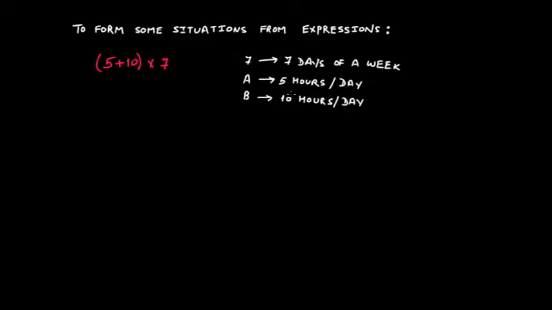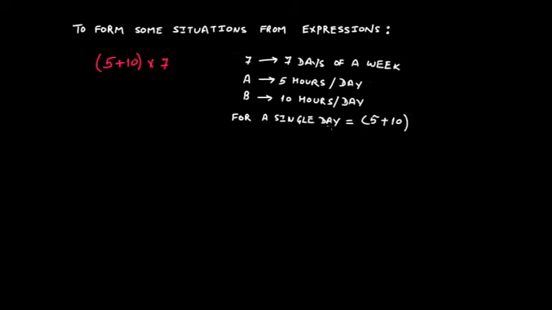A works for 5 hours for a single day and B works for 10 hours for a single day. So what would be the total working hours for a single day if we combine both A and B? So for a single day, it is 5 plus 10, right?